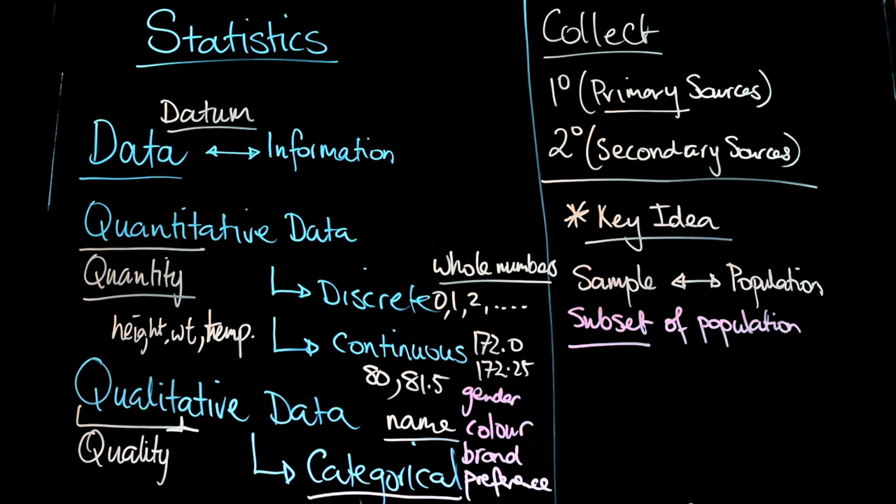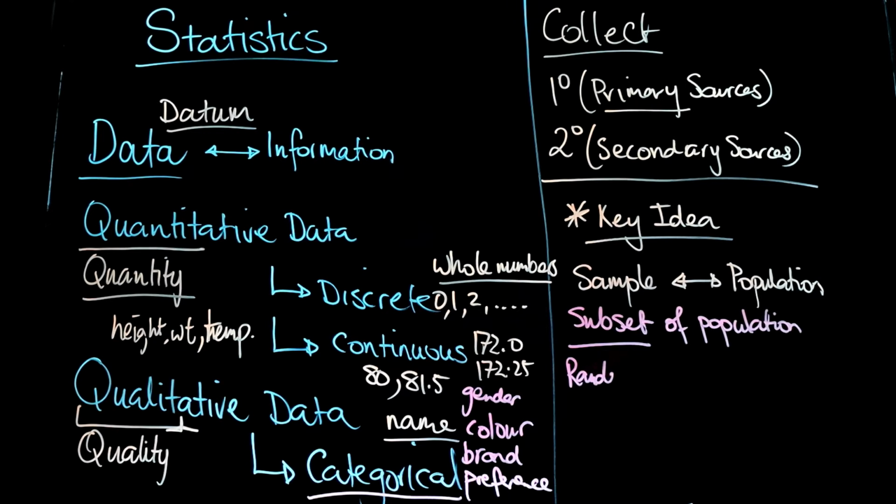So if you take a random sample, and this is important, a random sample. You can't go and ask all the same people from the same workplace or the same business or the same town or something.